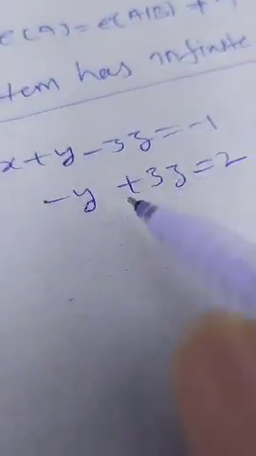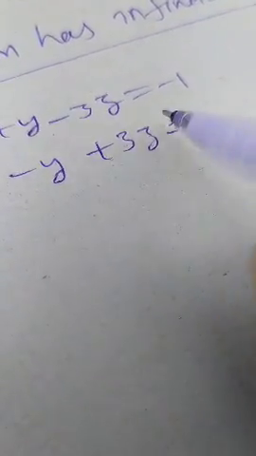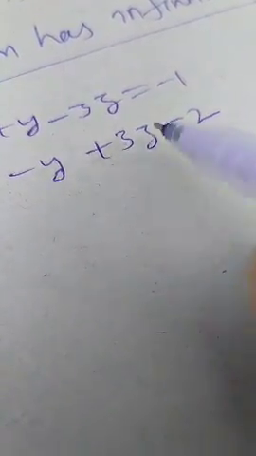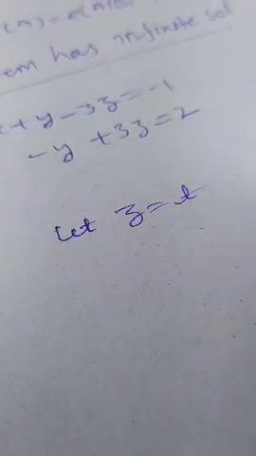See here, we have 3 unknowns and 2 equations. To get the y value we need z. So when you have 2 equations and 3 unknowns, take any one variable as some parameter t. So I am taking z equal to t. You can take y also as t, right?